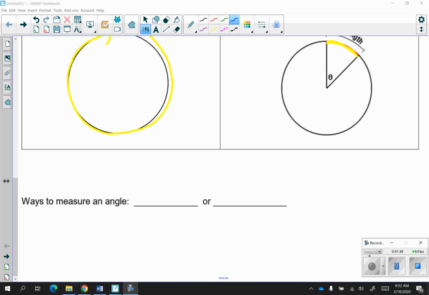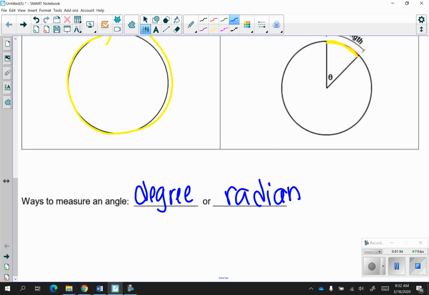There are two ways to measure an angle. I always say check to make sure that your calculator is in degree mode. And if it's not in degree mode, it's in radian mode. We know that 360 degrees is 1 time around the circle.